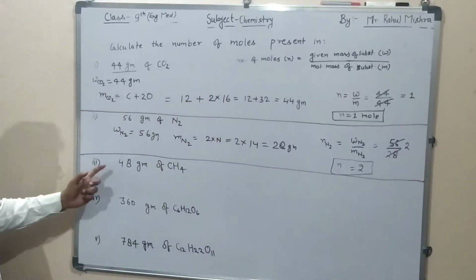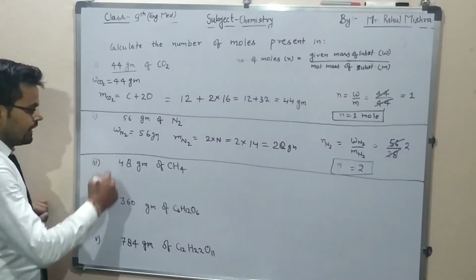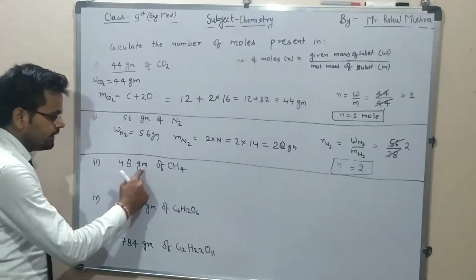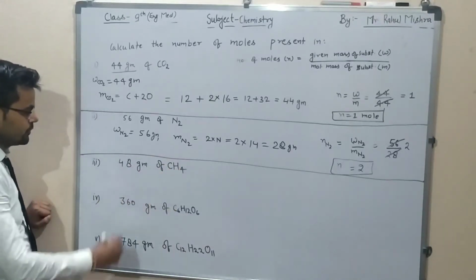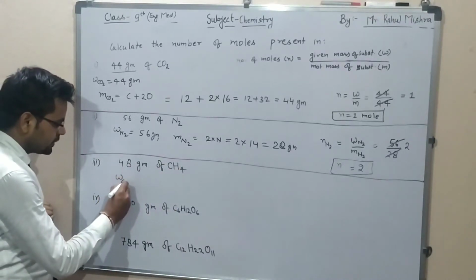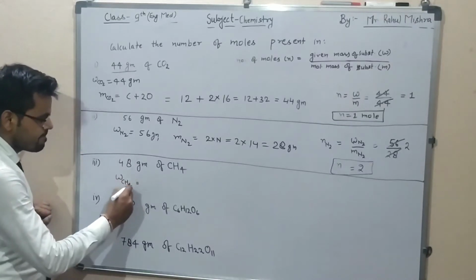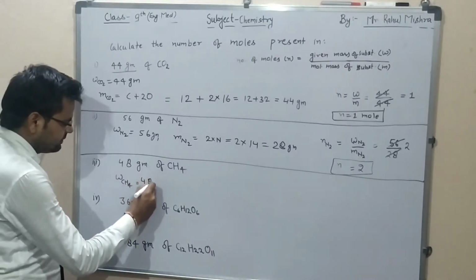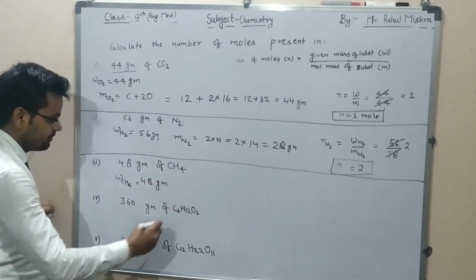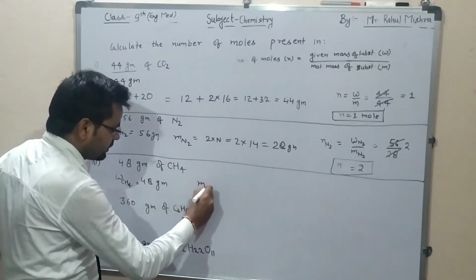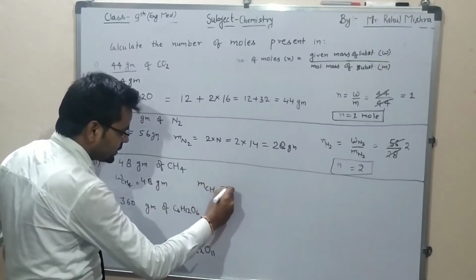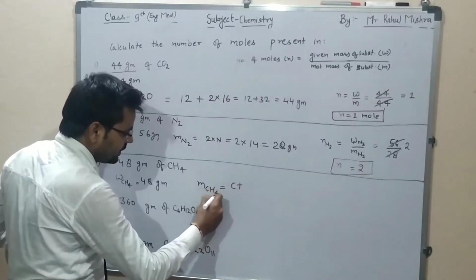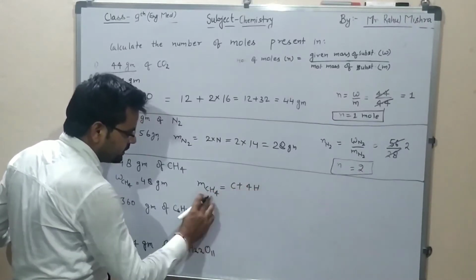Now third question is: calculate the number of moles in 48 gram of CH4. So W of CH4 is given, 48 gram, and M of CH4, the molecular mass of CH4, is equal to C plus 4 into hydrogen.